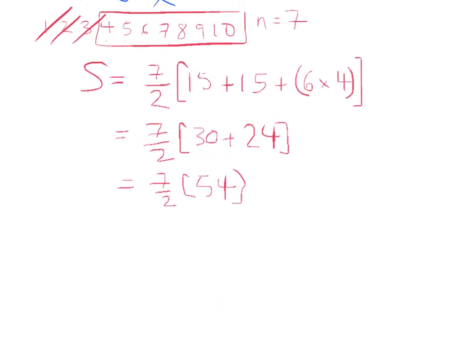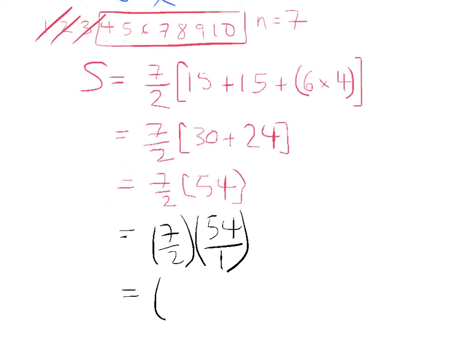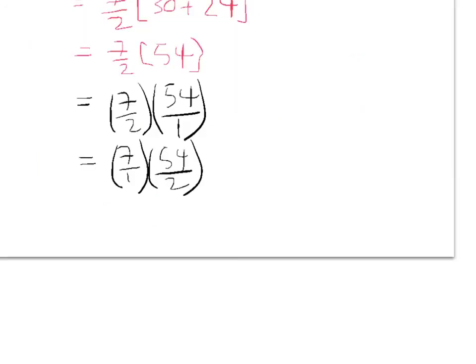Let's think of this as 7 over 2 times 54 over 1, which is the same as 7 over 1 times 54 over 2, which is 7 times 27, and because we don't have a calculator, I'm going to do it this way.